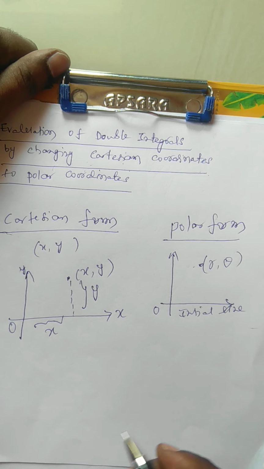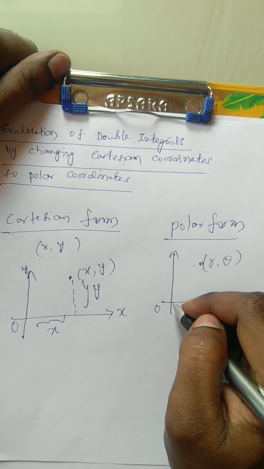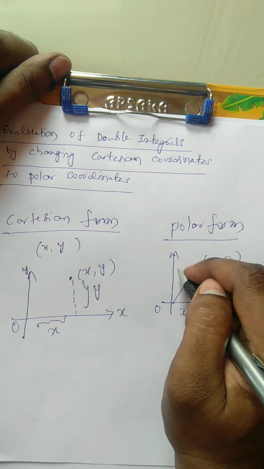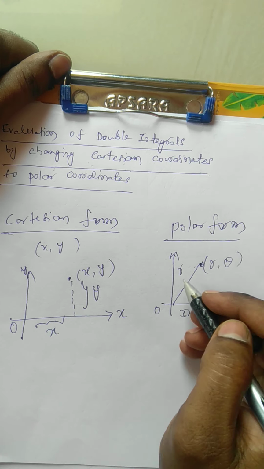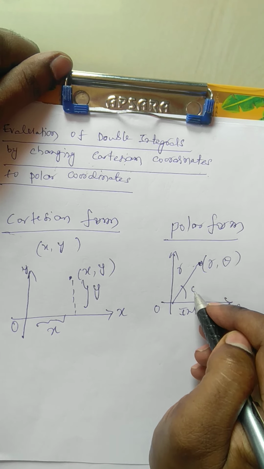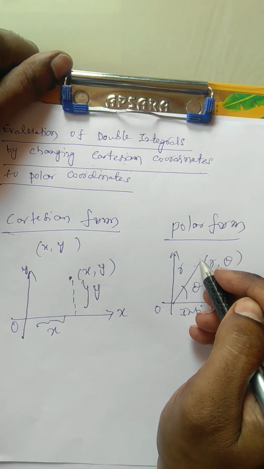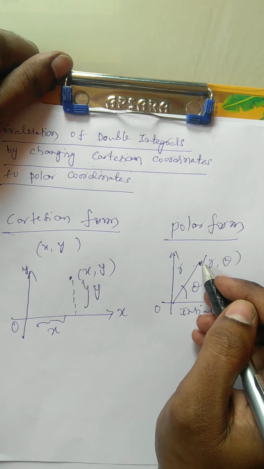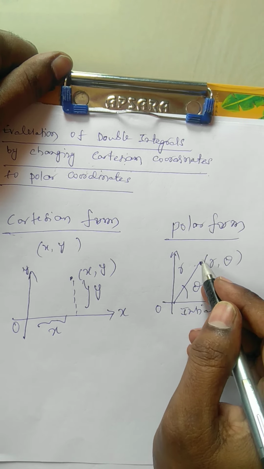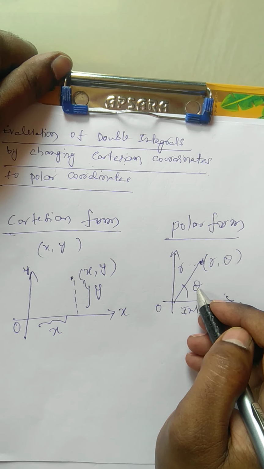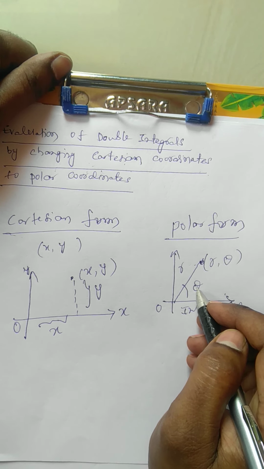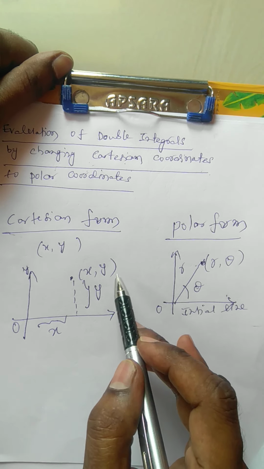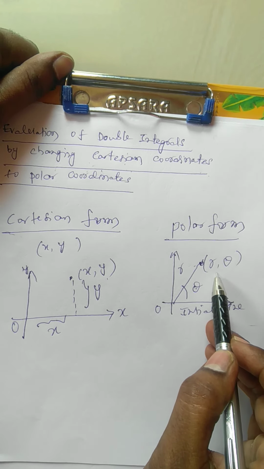What about r and theta? r is nothing but the distance from the origin to that point. This is r. What is theta? Theta is the angle this line makes with the initial line. This is the Cartesian form, this is the polar form.